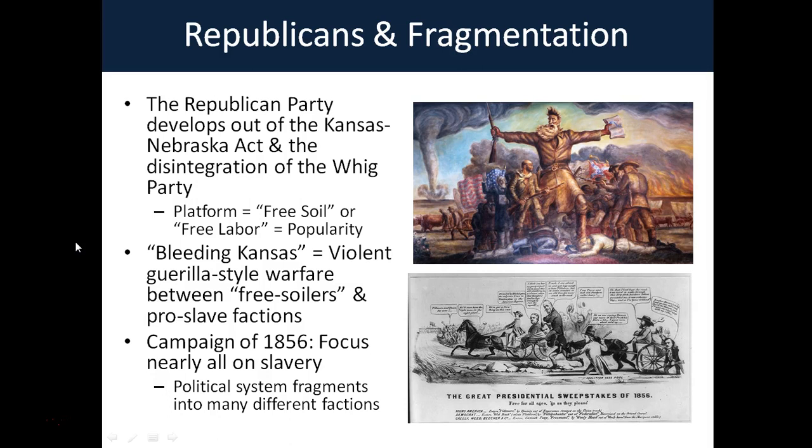But further fragmentation, Bleeding Kansas, was that conflict between pro-slavery settlers into Kansas and Nebraska, and free soilers, anti-slavery abolitionists. And it was basically a short, I say short, but it lasted several years, of guerrilla-style warfare between both sides.